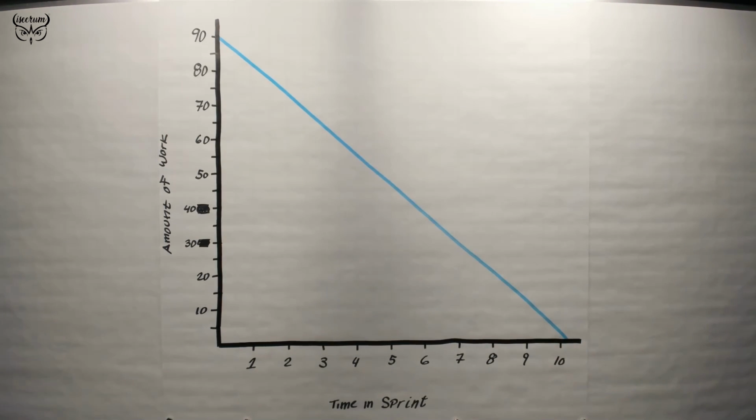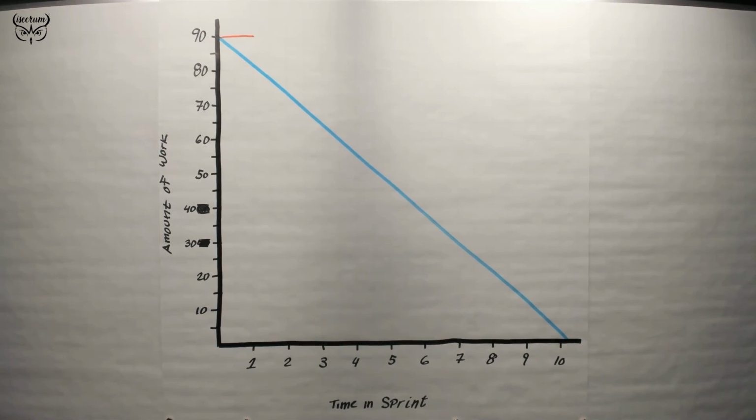What we're going to do in real life is every day or several times a day, depending on how your team operates, indicate on the chart where we are with the amount of work we have left this sprint. So this may not look very pleasing to you, but here's what probably is going to happen on your first day of work.